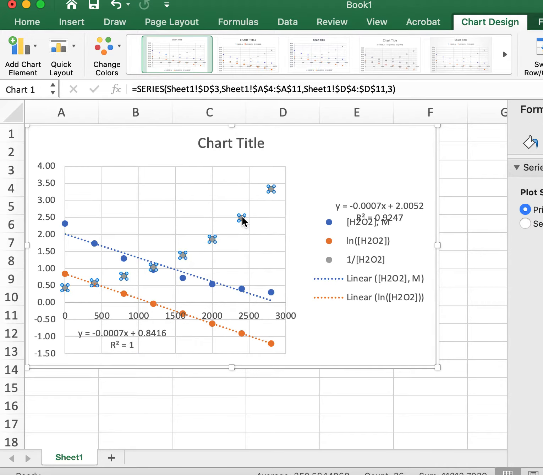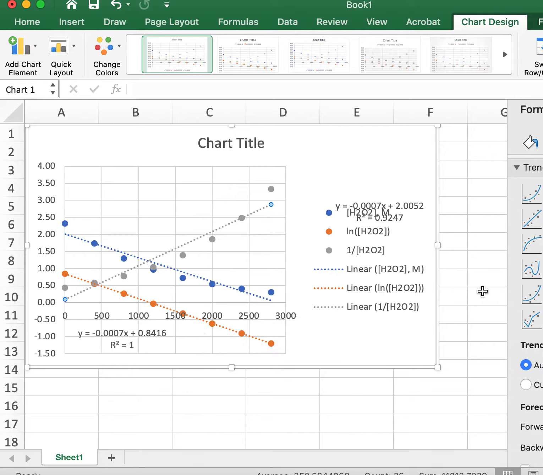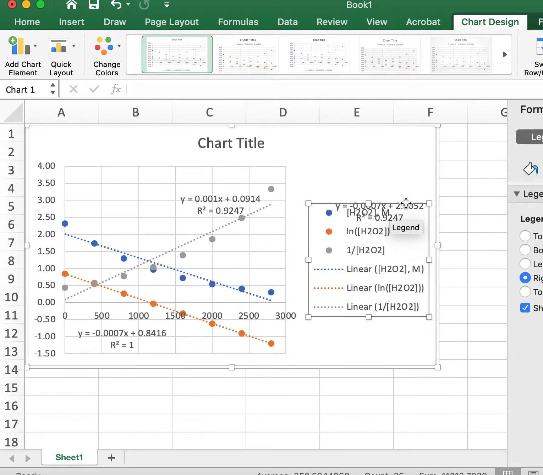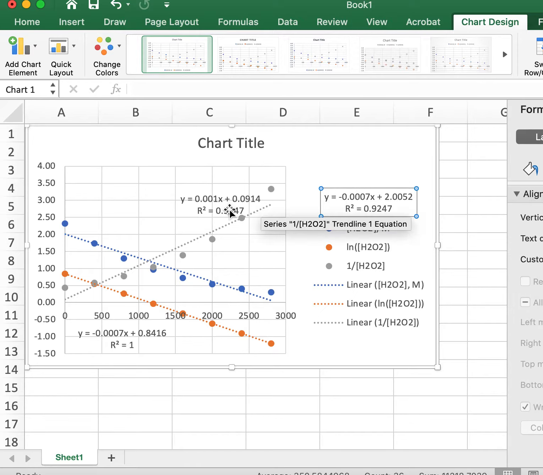Now, for a sense of completeness, and because it is oftentimes second order, although you can see this is a bit banana or curved shaped, let's go ahead and add a trend line there. More trend line options. I won't show it this time, but I'm going to display the equation and r squared. And you can see that the r squared for the 1 over concentration is 0.92.